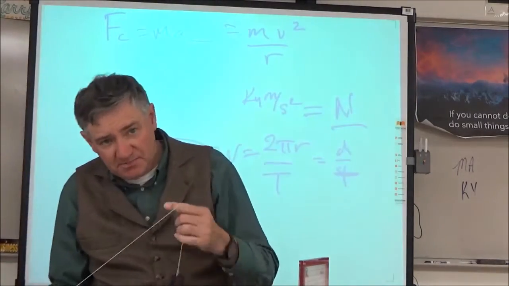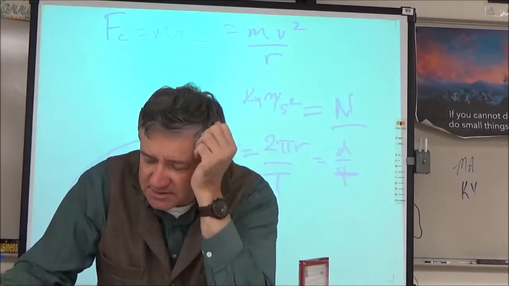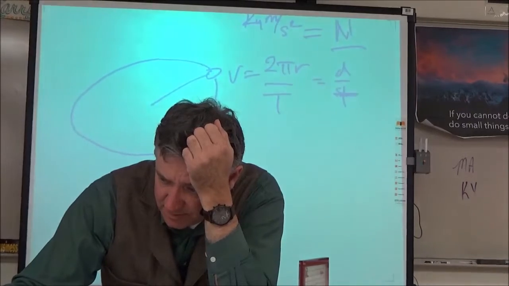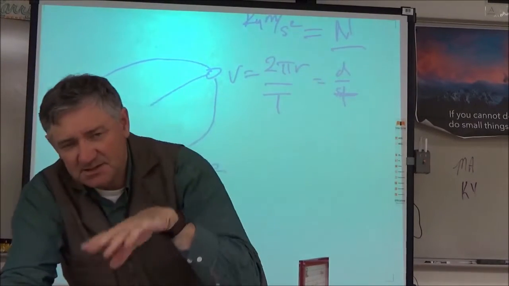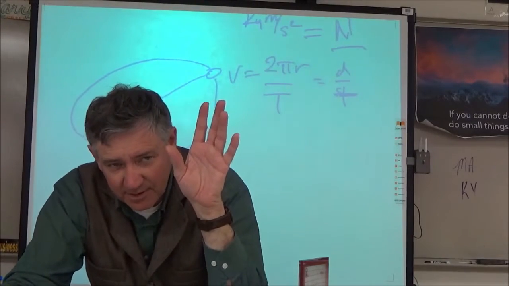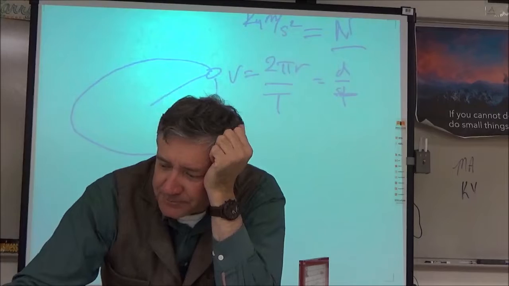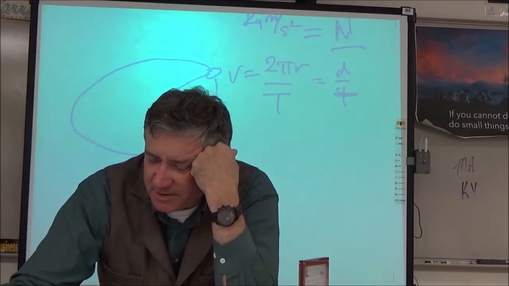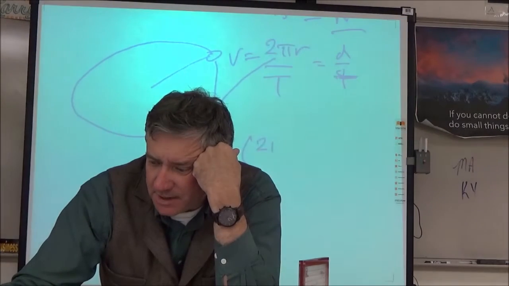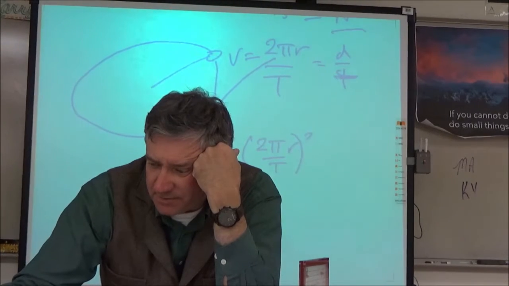So here's where the hocus pocus happens. So we said that centripetal acceleration was v squared over r. Now this is the pirate's favorite thing, because what's the pirate's favorite letter? R, right? So I got v squared over r. So then for v, I'm going to substitute in 2 pi r over T, but that's going to get squared, and then I'm going to divide that by r.